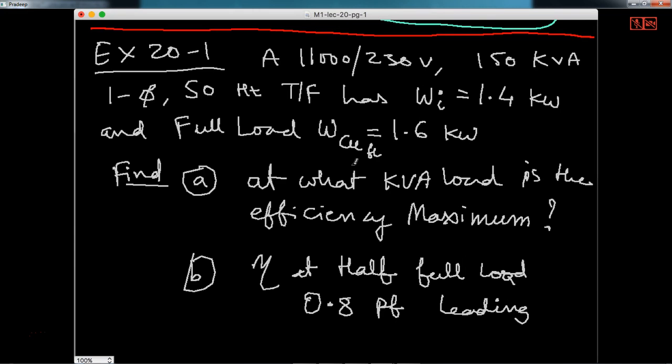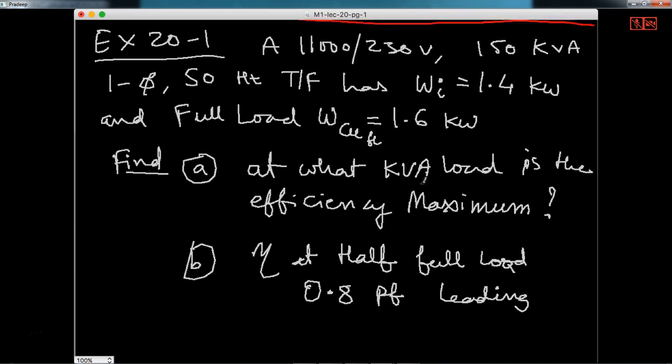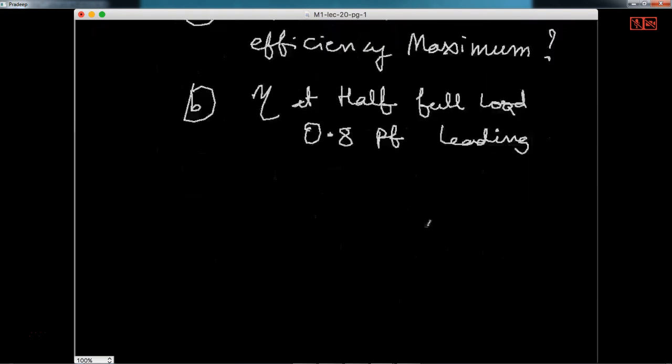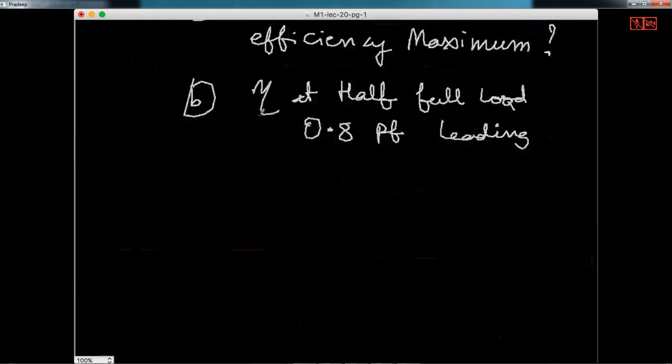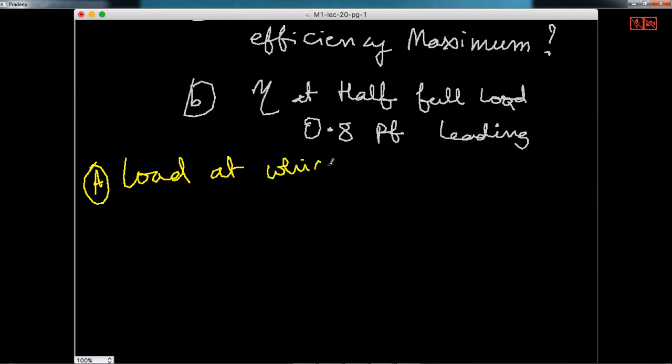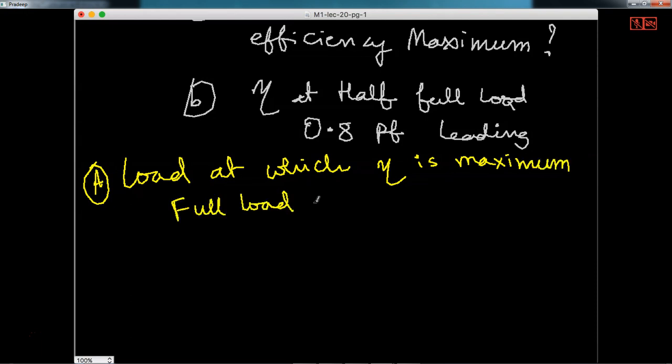So the equation is like this. Just now we had derived that the load at which efficiency is maximum is full load multiplied by square root of iron loss by copper loss.